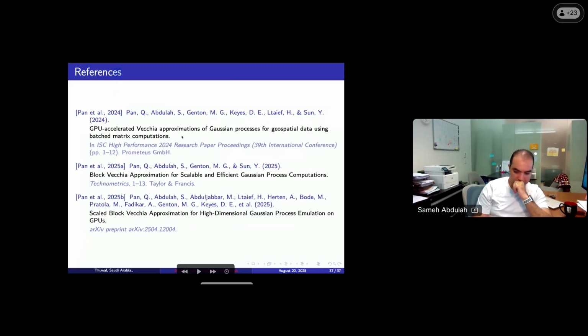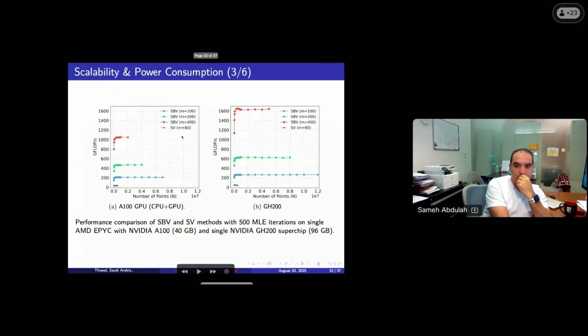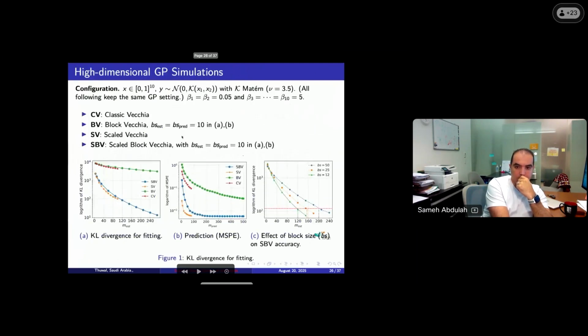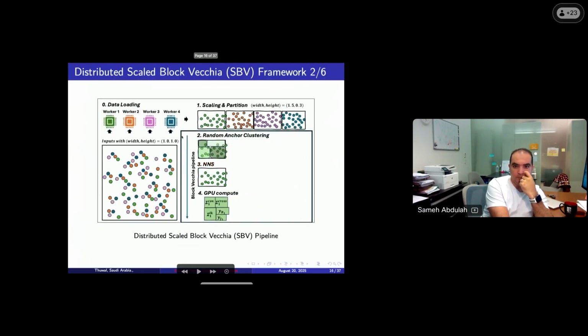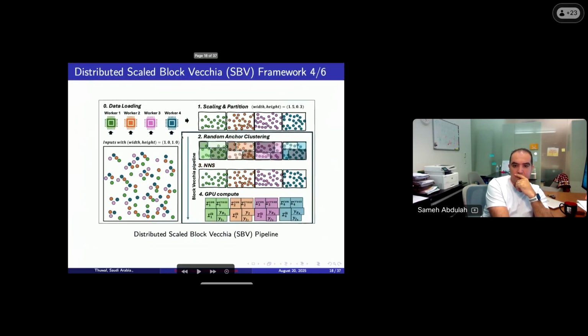And again, the application is not just related to climate weather, but can also be used in different domains. These are three references: one ISC paper in 2024, another paper in a very prestigious statistical journal called Technometrics, and a recent arXiv paper related to the distributed results that I showed in my presentation.